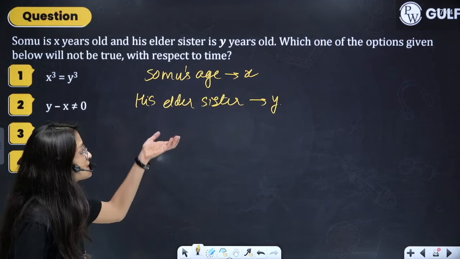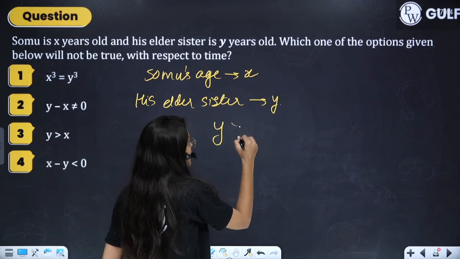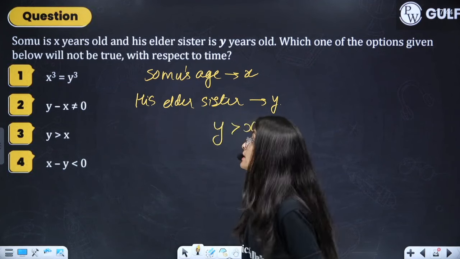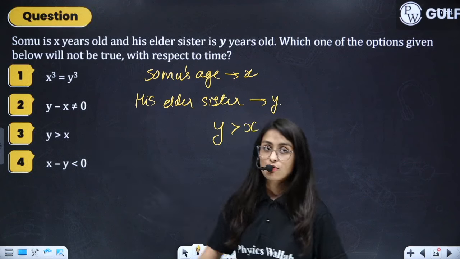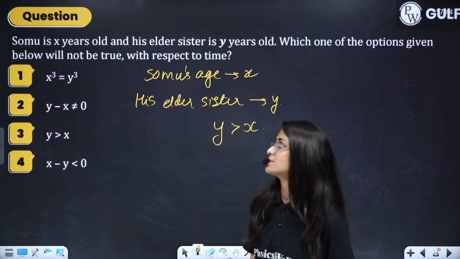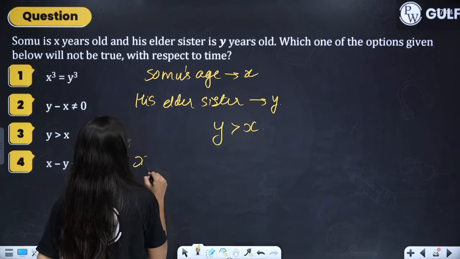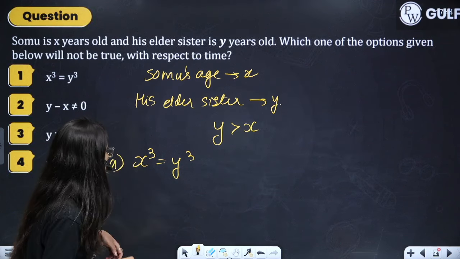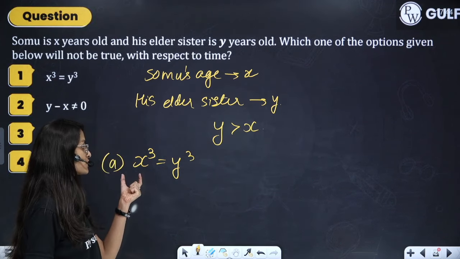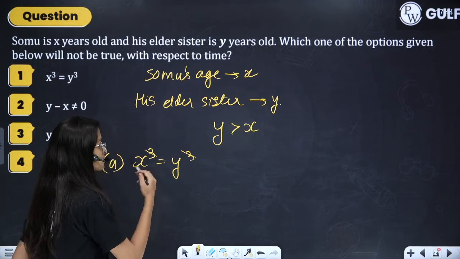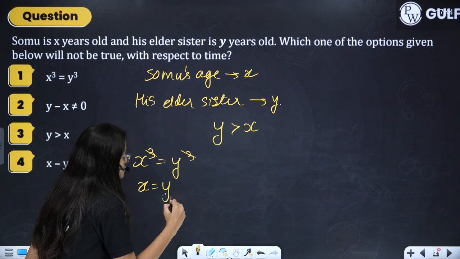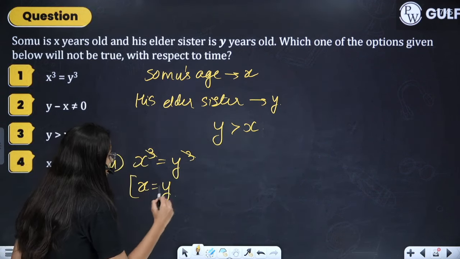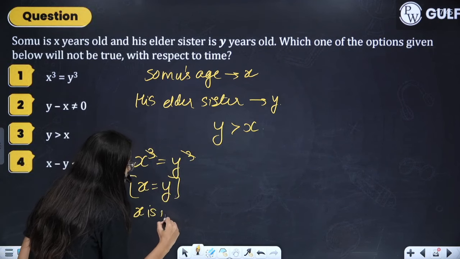So if the sister is elder, then Y is greater than X. But they have asked which of them won't be true, so we need to go by the options. Very first option, X cube equals Y cube. Checking option A, the cube is cancelled from both sides, and X becomes equal to Y, which is not possible in our case. We know that in our case, X is not equal to Y.